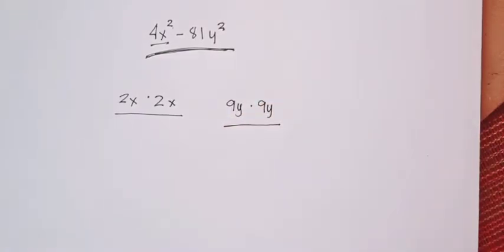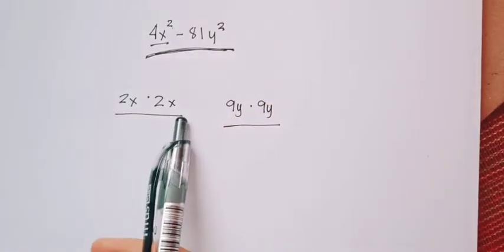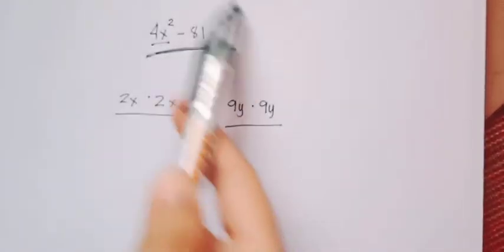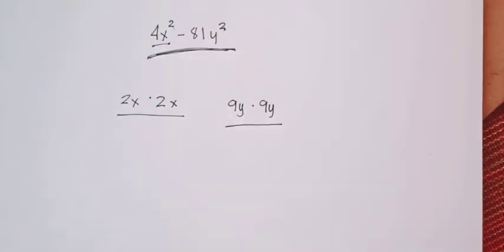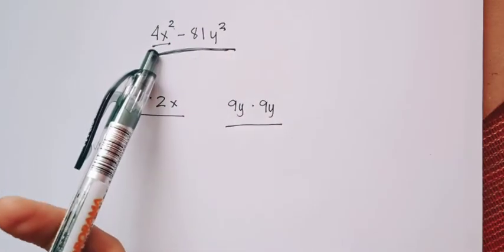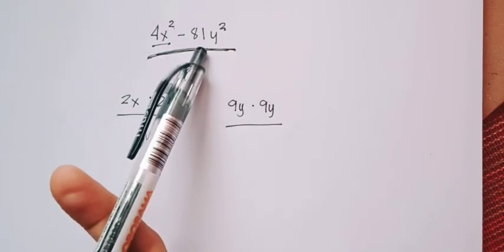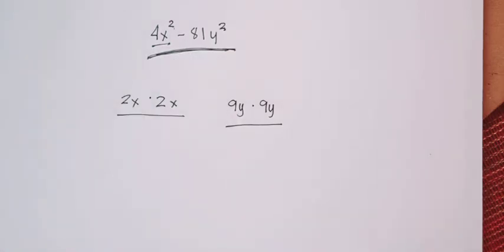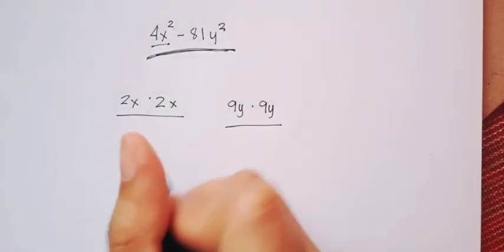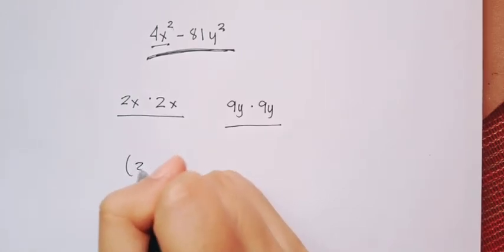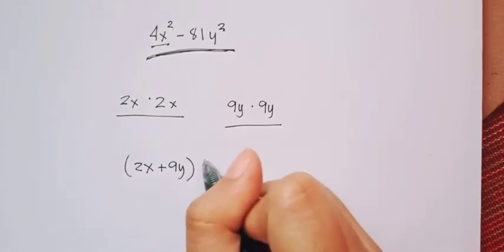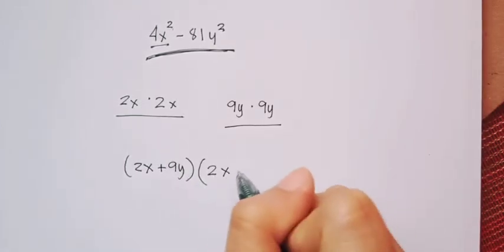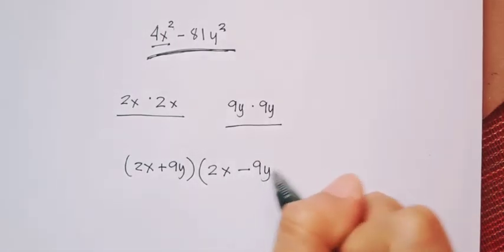So there. We have here the factored form of this binomial. What do you call this? Binomial, because it consists of two terms. We have the 4x squared and we have the 81y squared. So according to the difference of perfect squares, this will be written as the quantity of 2x plus 9y times the quantity of 2x minus 9y.